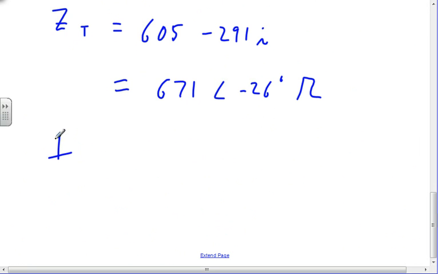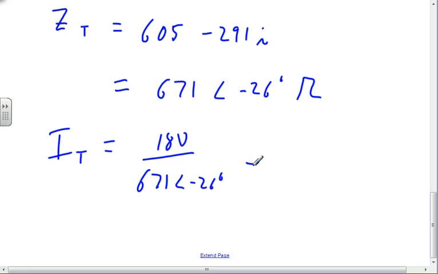So total current equals the voltage, 18 volts, divided by total impedance, 671 at an angle of minus 26 degrees. 18 divided by 671 equals, so we'll call it 27 milliamps at an angle of 26 degrees.